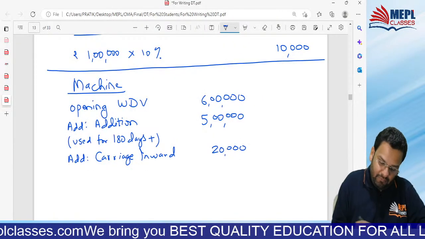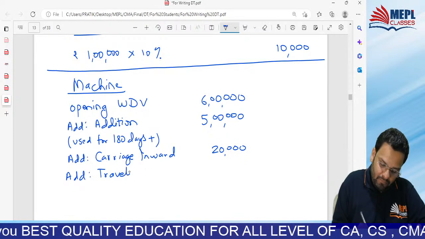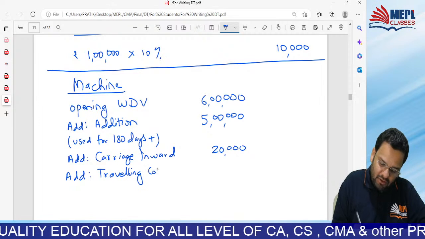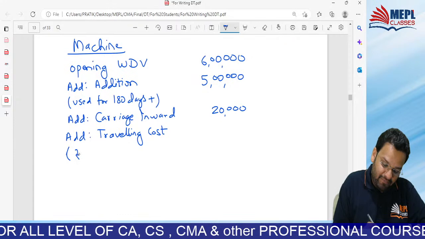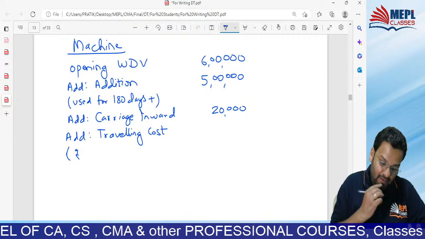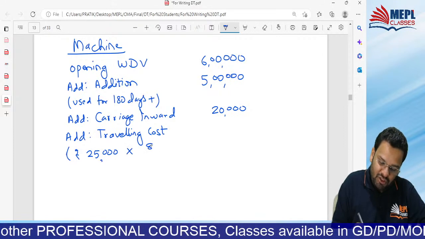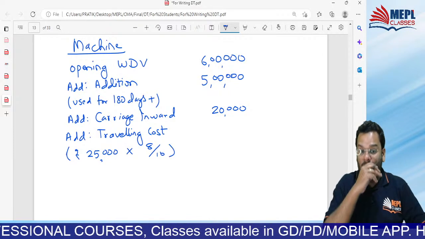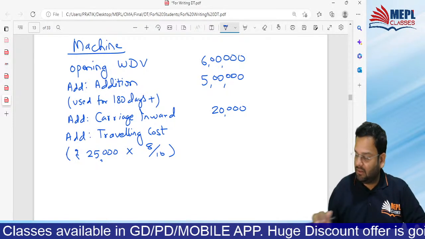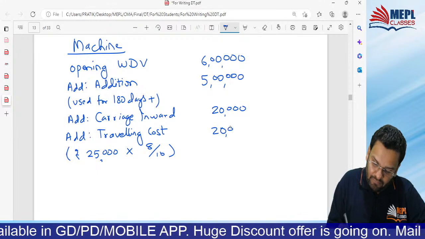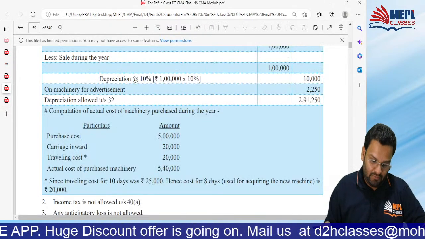Don't forget there's a traveling cost incurred. This traveling cost incurred is 25,000 was total, but for machine was 8 by 10. For machine it was 8 by 10. So is it 20,000? Check. It is 20,000.